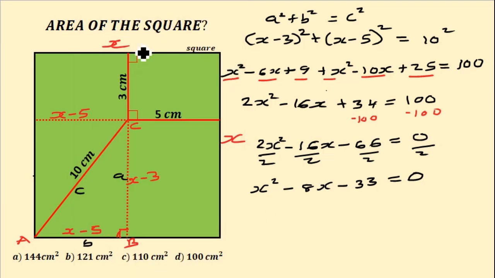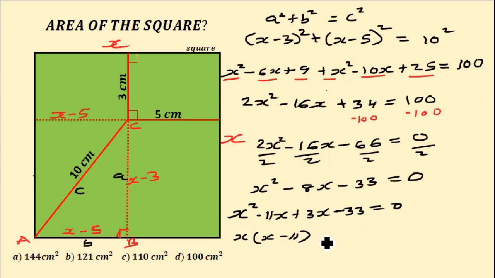So that means if you would have gone the long way, you are going to use factorization where you are going to have x squared, a product of negative 33 and a sum of negative 8, that is negative 11 and positive 3. So it is going to be x squared minus 11x plus 3x minus 33 is equal to 0. So if you simplify that, x is a common factor here, you remain with x minus 11, plus 3 is a common factor here.